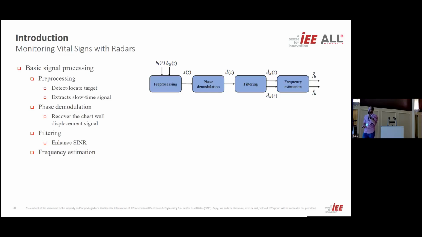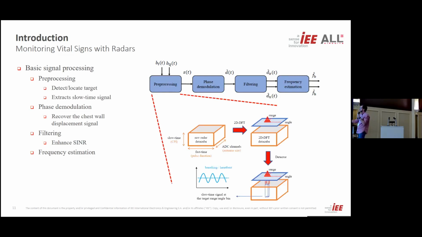Regarding signal processing, this is just the basic signal processing block diagram for monitoring vital signs. We have a pre-processing step, which is related to classical radar signal processing techniques, so we are trying to detect the target and locate the target. There are common classical techniques for the pre-processing step, so I will not focus on this.